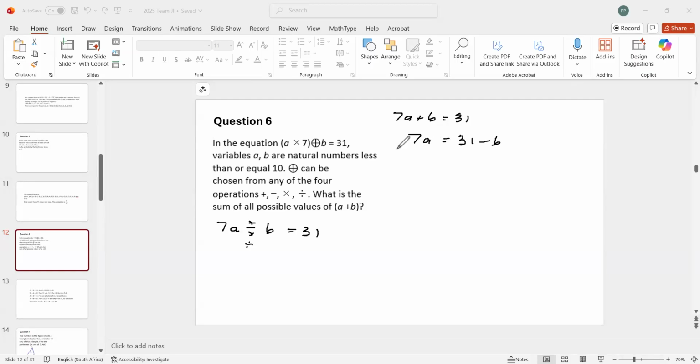So what are the multiples of 7? A could be any natural number from 1 to 10. Now this is positive, right? So A is greater or equal to 1. So this is greater or equal to 7.